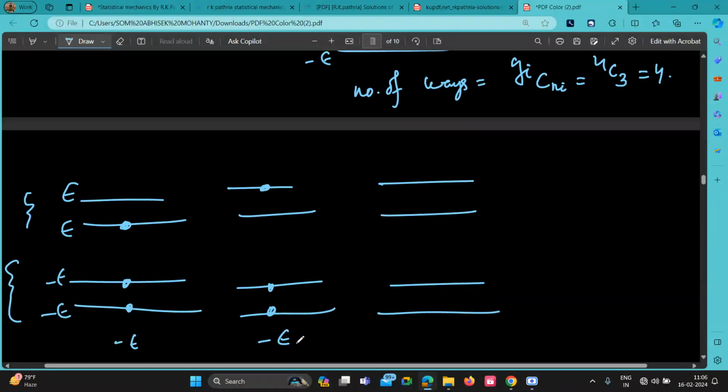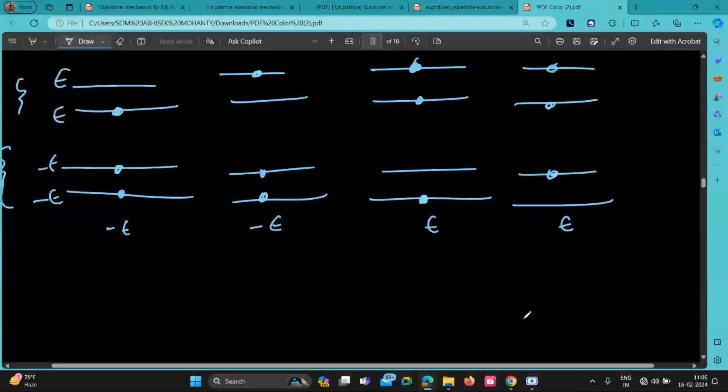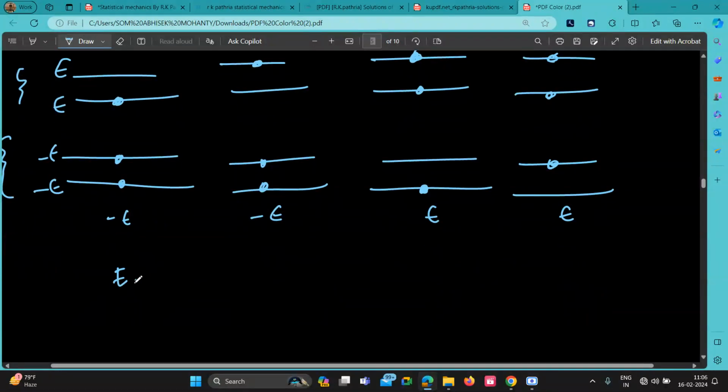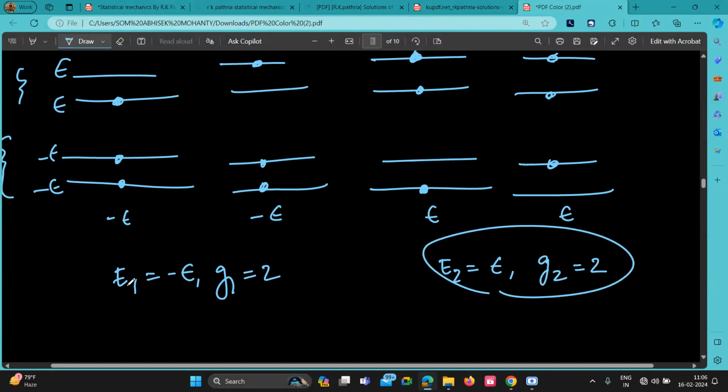Minus 2 epsilon plus epsilon, that is minus epsilon. One particle here and two particles here will give me 2 epsilon minus epsilon, that is epsilon. Again, one particle here and these two here. So this is epsilon. So four energy levels I got. Okay, so degeneracy. The first energy level is minus epsilon with degeneracy 2, repeated twice. E2 is epsilon and G2 is 2, so it's also repeated twice.